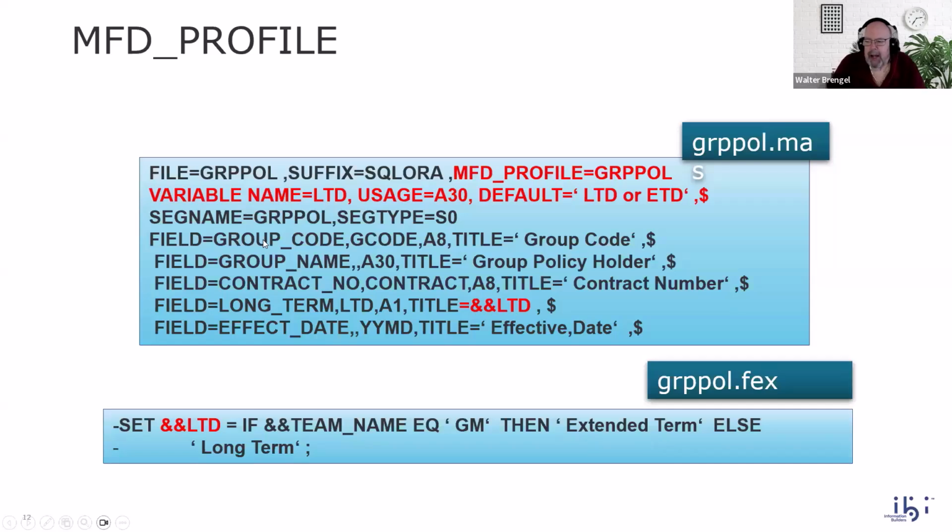In the MFD profile, GRPPOL, we're doing a -SET &LTD, and if the team name, another variable, equals GM, then it's extended term, otherwise it's going to be long term. So even though I have a default of LTD or ETD, because of the MFD profile it will never be that. It will either be extended or long term because of the if-then-else condition.